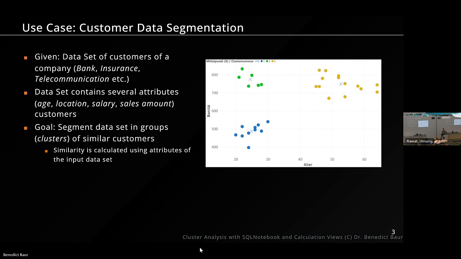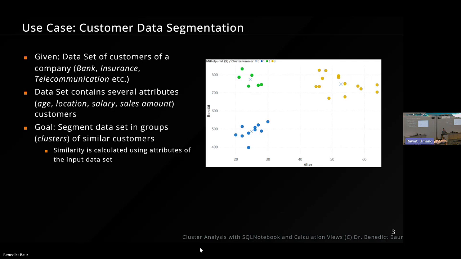And you want to identify interesting groups along this data, right? To maybe understand the structure of your customers better, or develop some specific products for some groups of these customers. And you can explore such groups of customers using a cluster analysis.